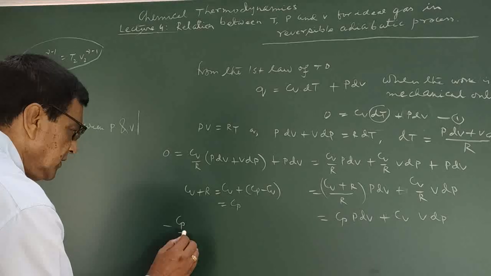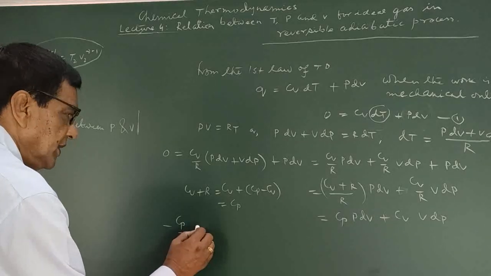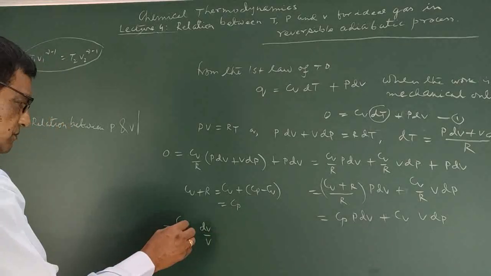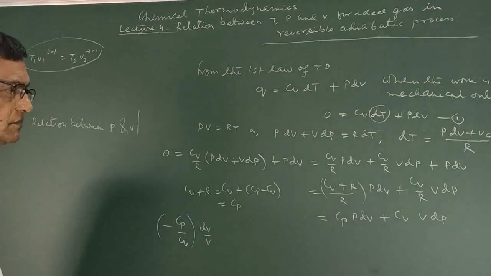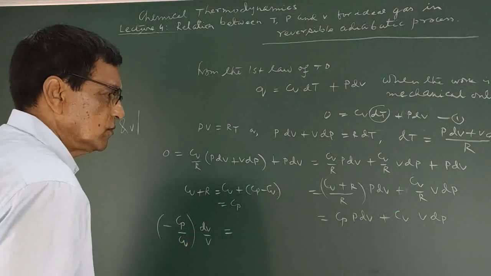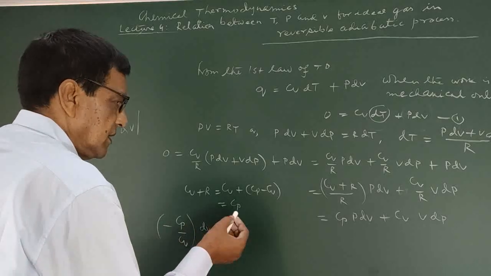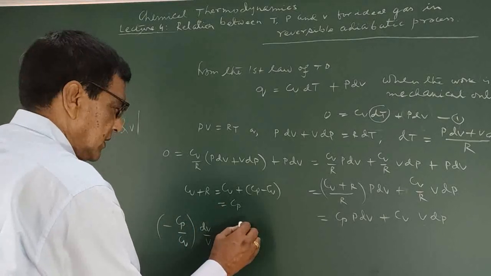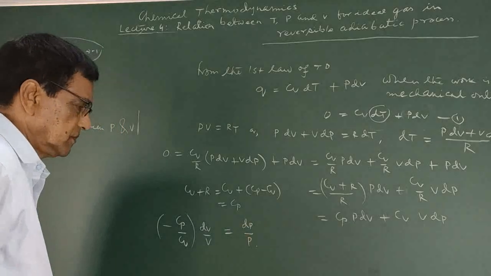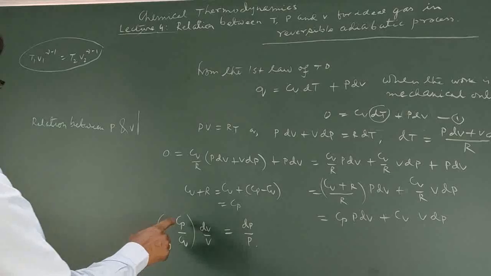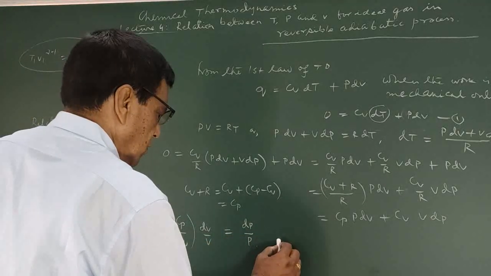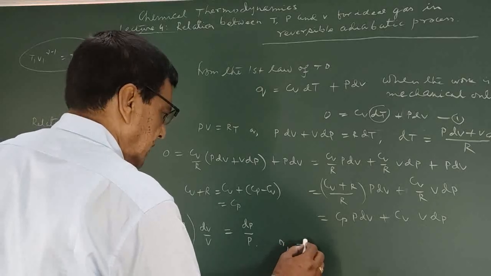Now doing the side change and separating the variables, we have minus CP by CV, and here dV by V equal to dP divided by P, or this CP by CV equal to gamma, or minus gamma.